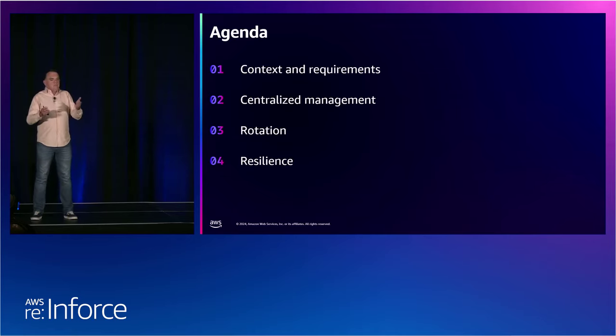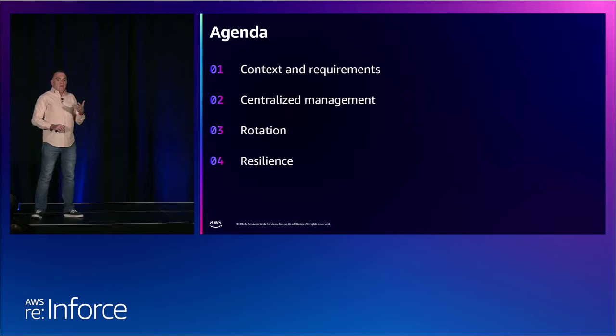So the agenda for today is that we are going to start talking a little bit about the context and the requirements that we have for the implementation of Secrets Manager at Capital One. And then we are going to talk about three different aspects there. The first aspect is how we are doing a centralized management of those secrets, but still have some sort of federated storage there.